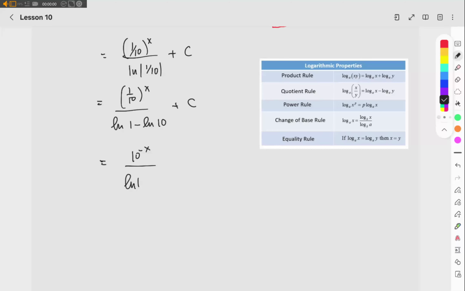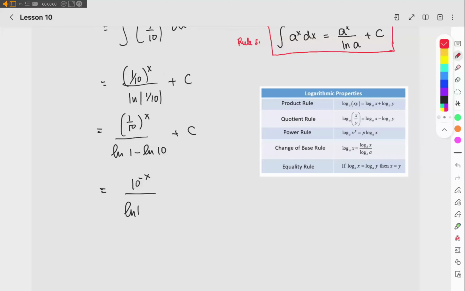That's 0. Yeah, ln of 1 is 0. So you are left with negative ln of 10, plus c. So this is your answer.